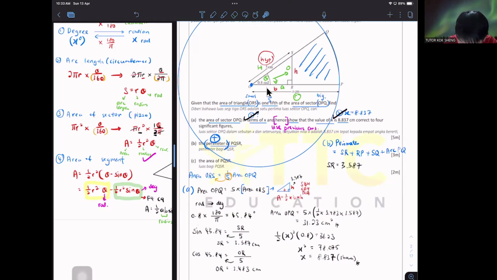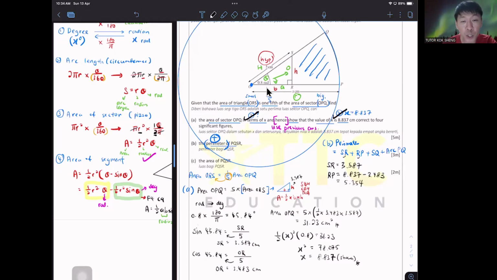So RP is x, 8.837 minus OR, 3.483. 8.837 minus 3.483 is 5.354. Okay, good. So the first two are done already.